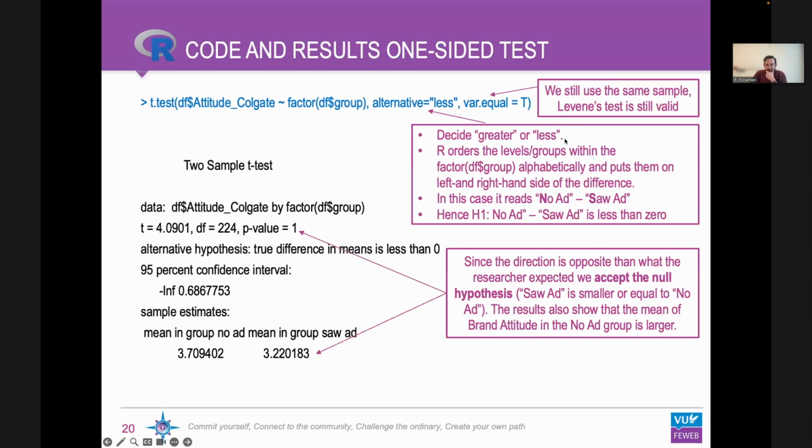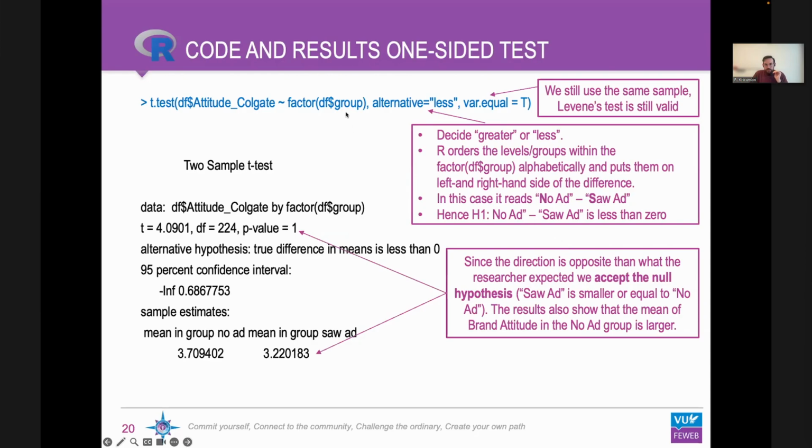deciding greater or less, I basically wrote everything here so that you can go back to this also while doing the assignment and really grasp this for yourself. But the decision between greater and less depends on how R orders the levels of this group.